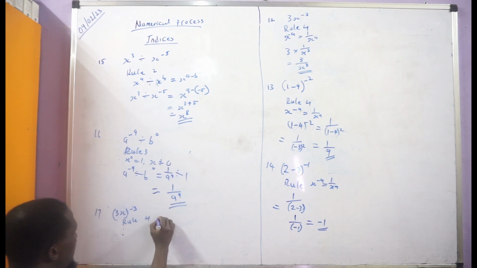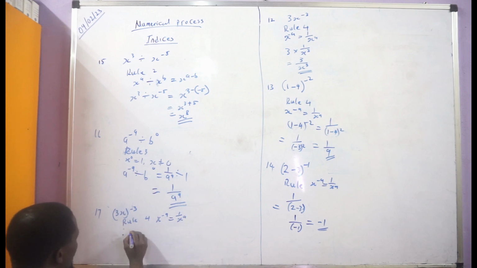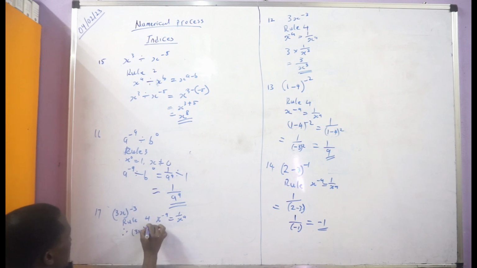Rule 4, which says x raised to power minus a equals 1 over x raised to power a. So we have 3x raised to power minus 3 to give us 1 over 3x raised to power 3.